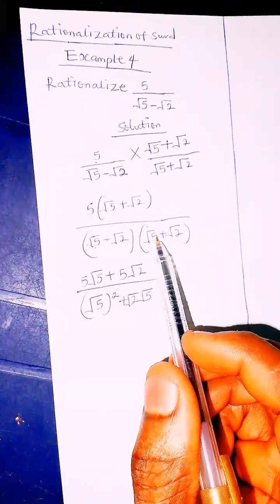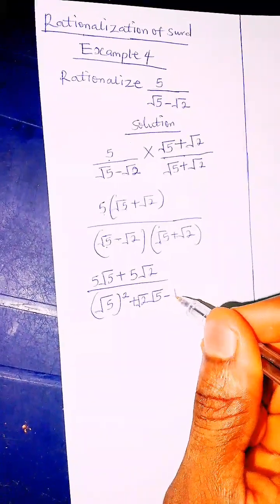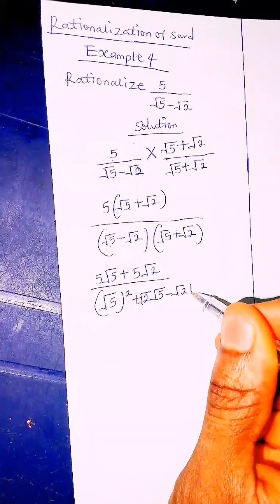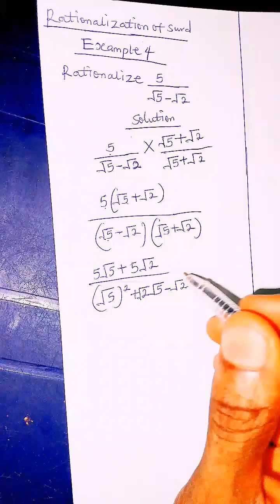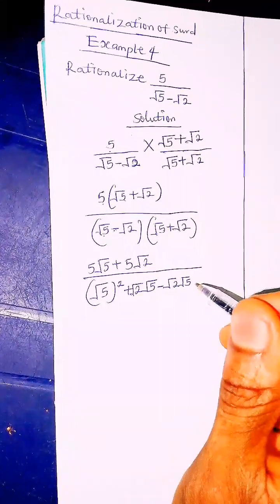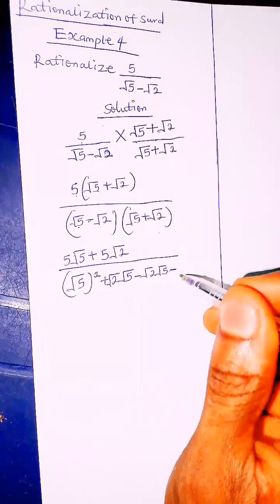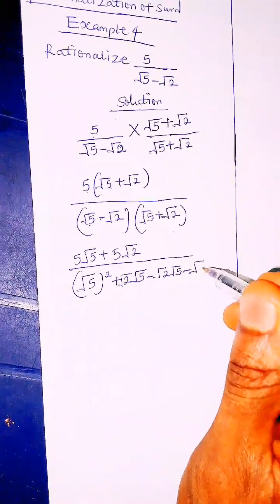Minus root 2 times root 5, we have minus root 2 root what? 5. Minus times plus is what? Minus. Since the roots are the same, we take the square of it.